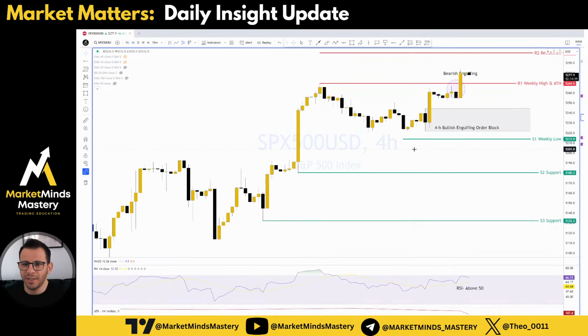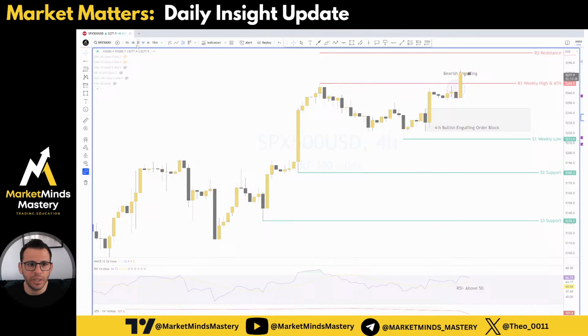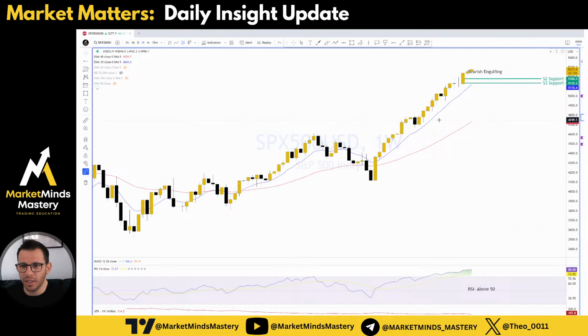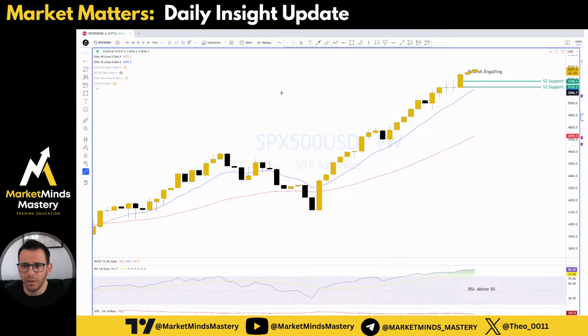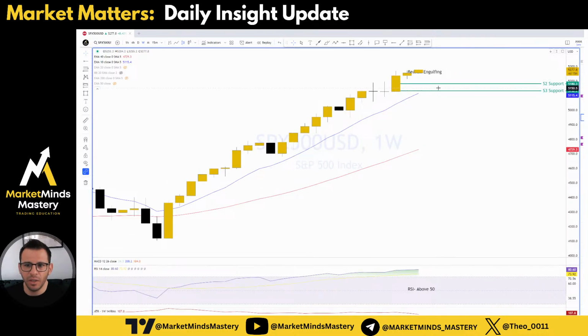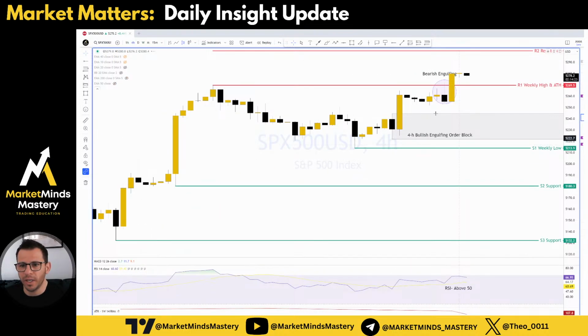Next, S&P 500. I think that was interesting on the weekly chart. The price created an inside candle. Now it made a new high early this morning, and it broke above the previous week's high, but didn't follow through. Let's see if this is going to end up being a false breakout.